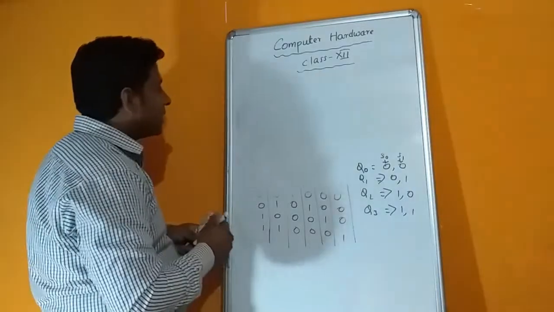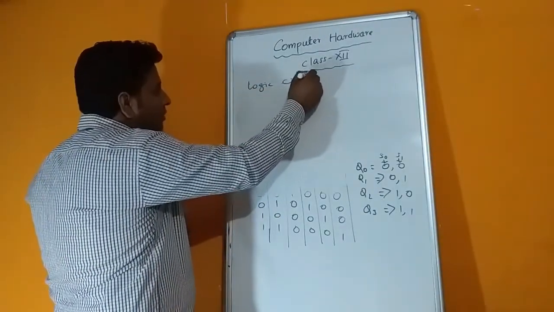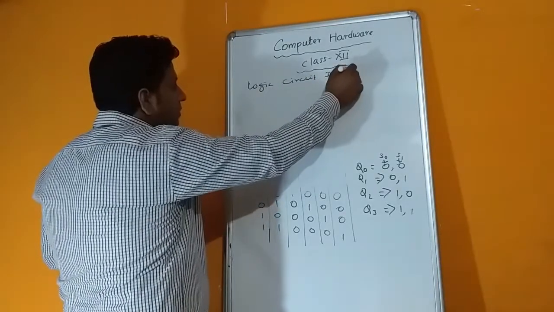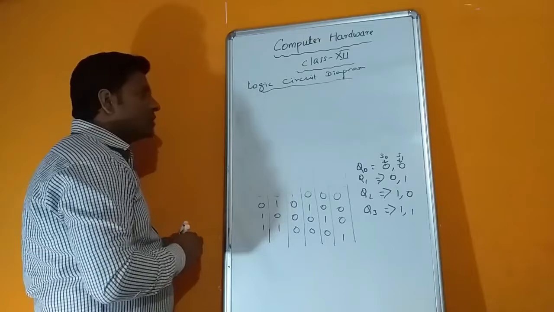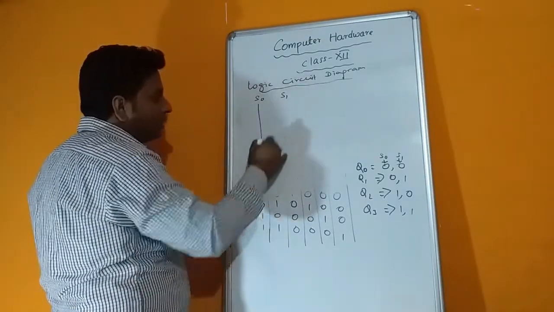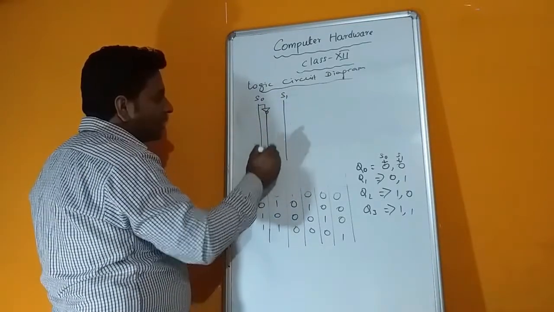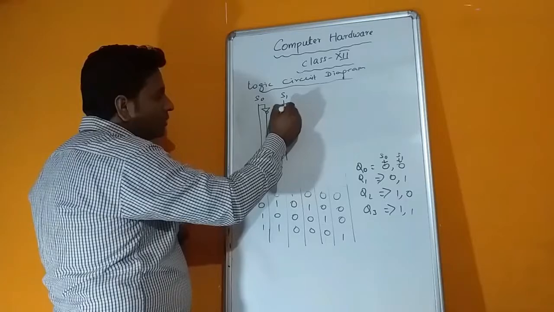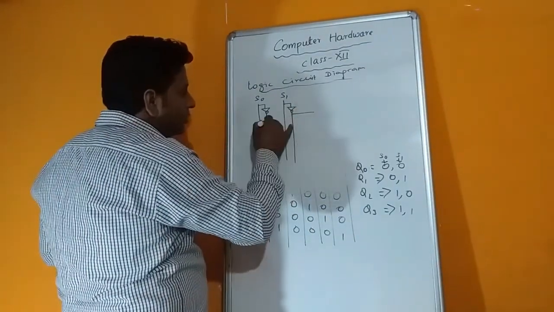So for logic circuit diagram, we'll take S0 and S1, and side by side we'll take the complement part also, as NOT part. First part is 0, 0.